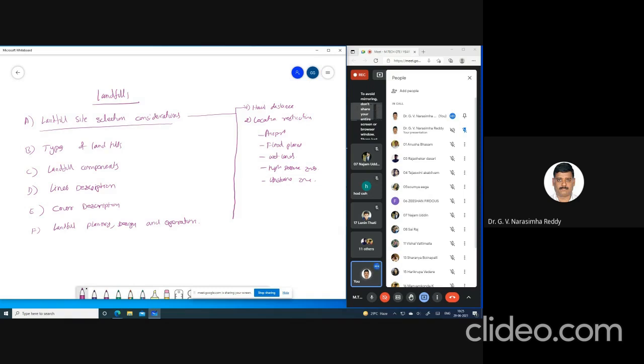At least it should be about 3 kilometers away from the airport. And floodplains means if there is a possibility of flooding of that area, you should avoid it.